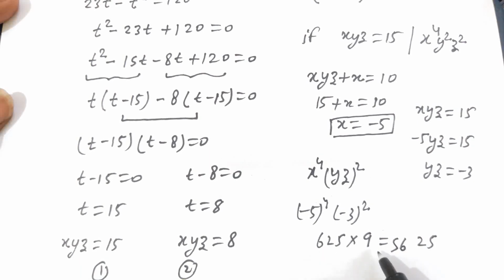So if 625 is multiplied by 9, then we get 5625. So in this first case, the value of this expression is 5625.